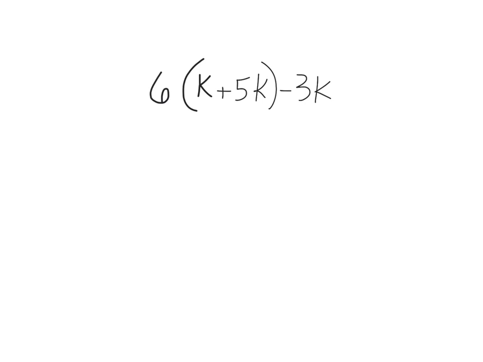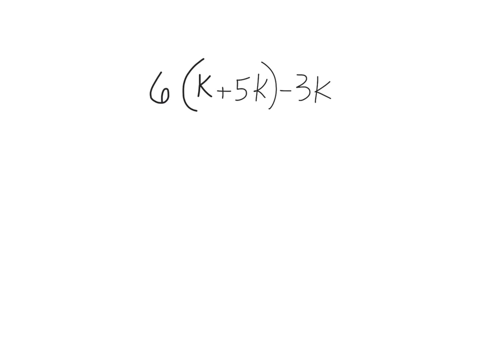Okay, well, I have all these k's here. So I got 6k plus 30k minus 3k. Well, I could just go right in order on this one. What's 6k plus 30k? That would be 36k minus 3k. And 36k minus 3k would be 33k. Final answer.